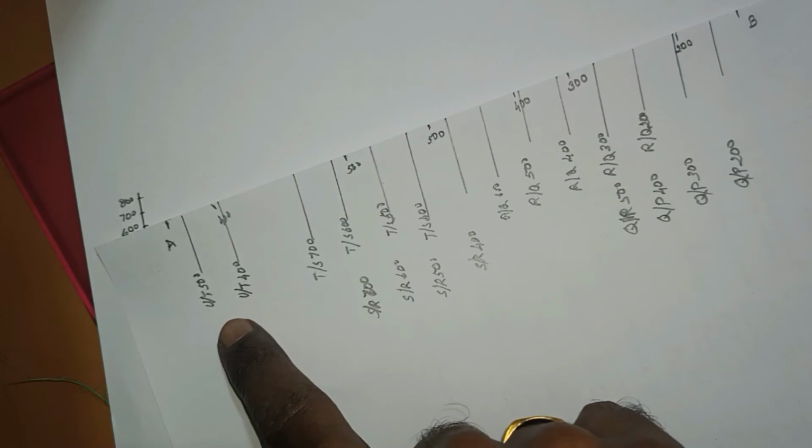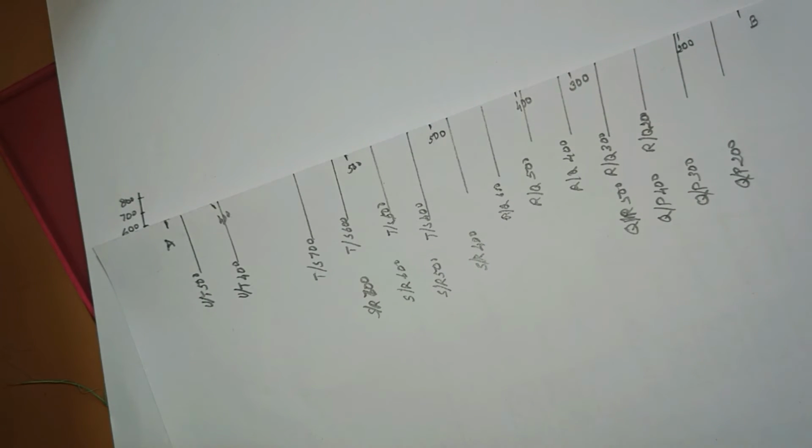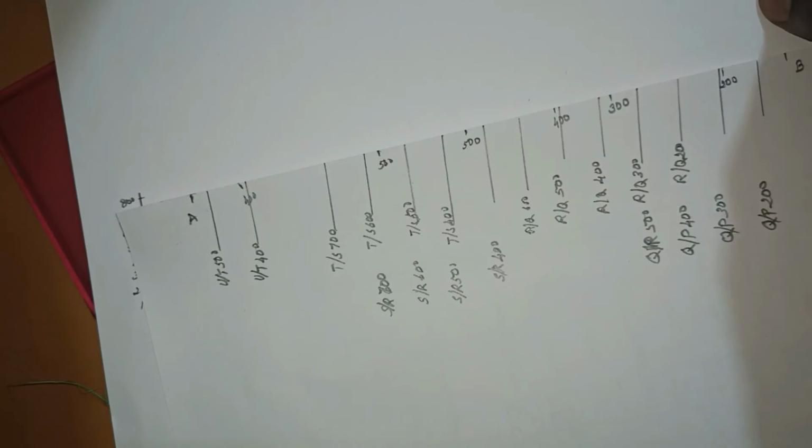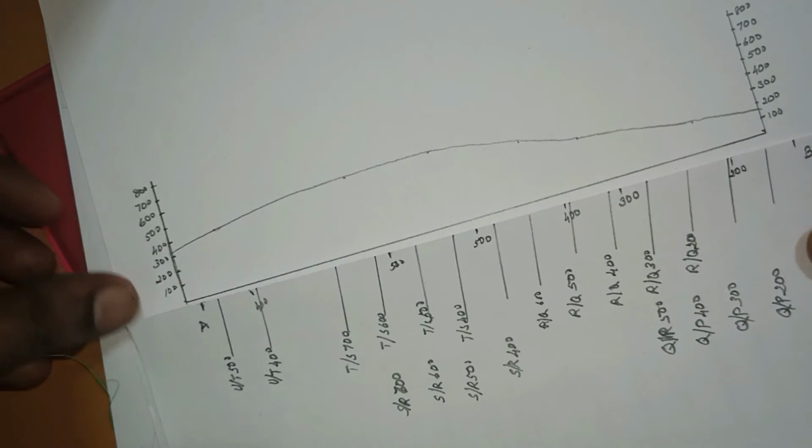So all the strike values or structural contour values are marked here. Now you transfer these values to your cross section. So I will show you how to do this.